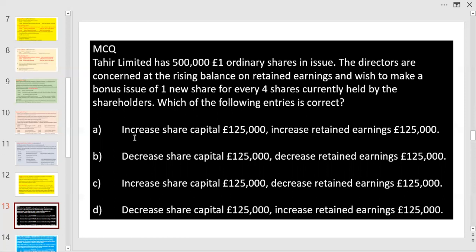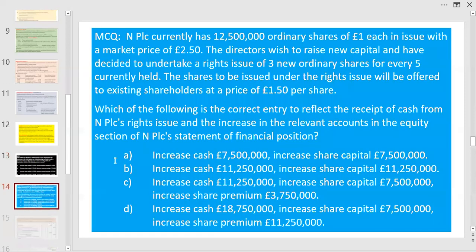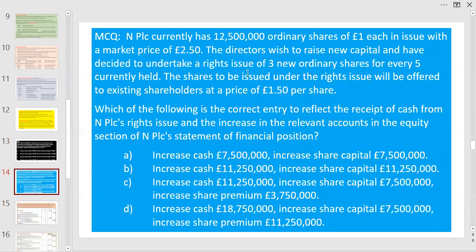The next MCQ, N Limited currently has 12.5 million ordinary shares of 1 each. Market value is 2.5. Market value may be ignored as it is a condition outside the company.